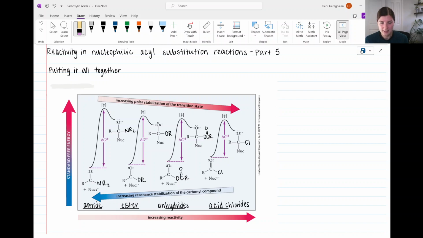And then lastly, acid chlorides are the least stable carbonyl starting materials, so they're existing at a higher energy than the other starting materials. They are already more reactive than the others, and then they have the most stable transition state due to that polar stabilization. So all of this put together helps us understand the reactivity of these different starting materials, the different acyl groups, and why for some acids or bases are required and heat might be required as well.